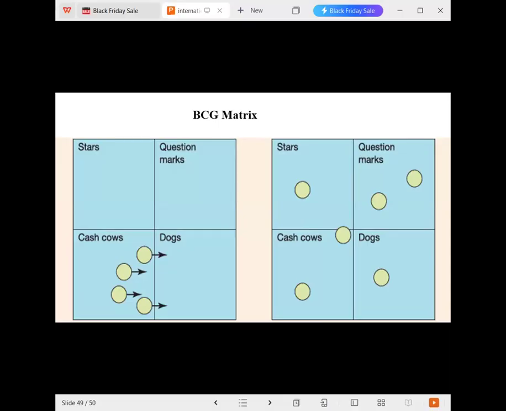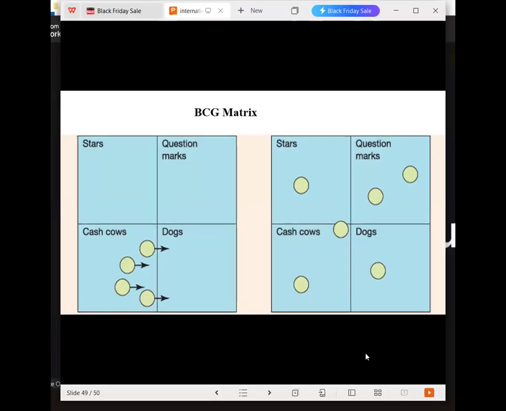So if the majority of the customers of that product are low income, and it is those low income that saturate that market, a competitor that is able to subsidize the price of the product can enter the market and easily push the product into the dog area.